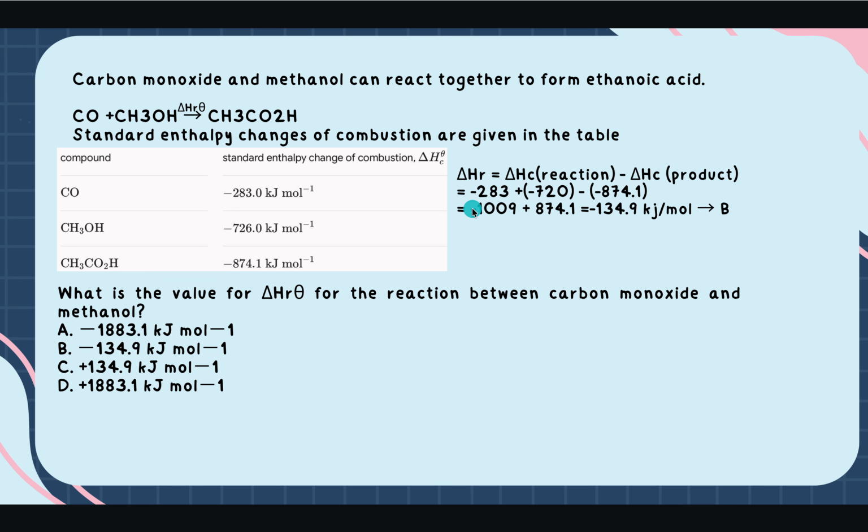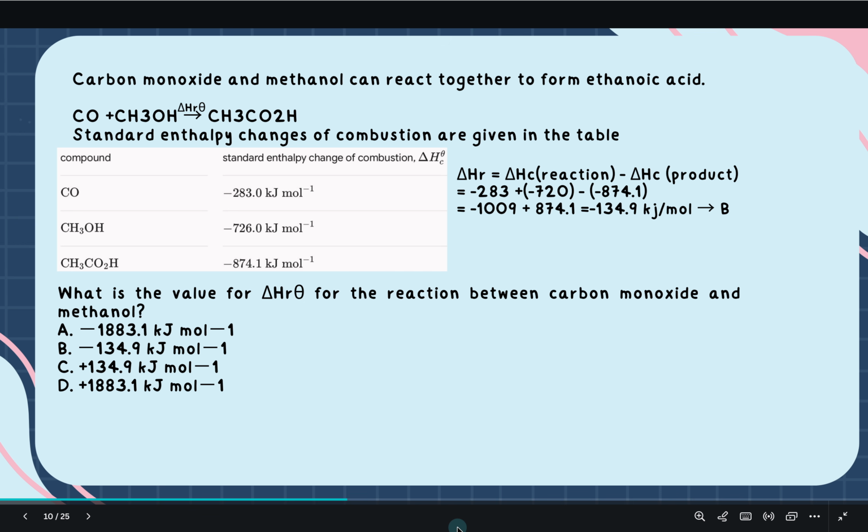So it's minus 283 plus minus 792, minus minus 874.1, which is the delta HC of the product. And so the final answer is minus 134.9 kJ per mole, which is B.